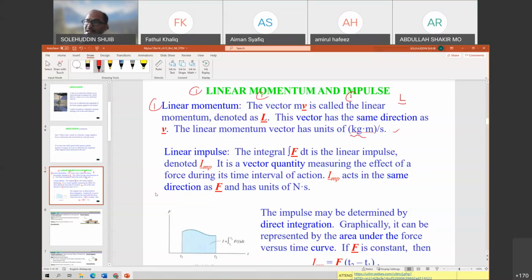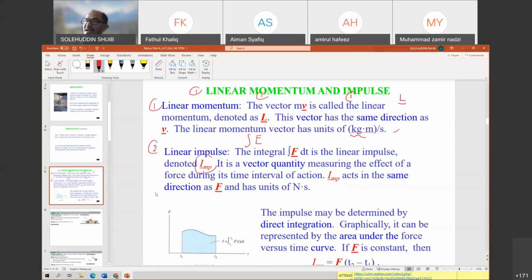The second one is linear impulse. For linear impulse, we have the integral of force. The integral of force is linear impulse, so we denote linear impulse as the following.